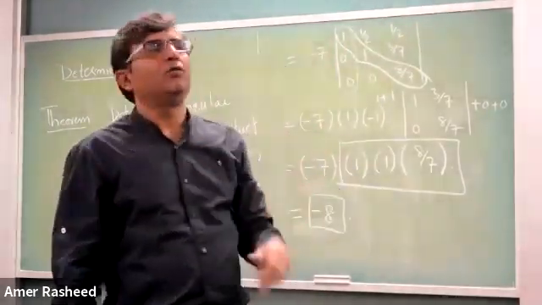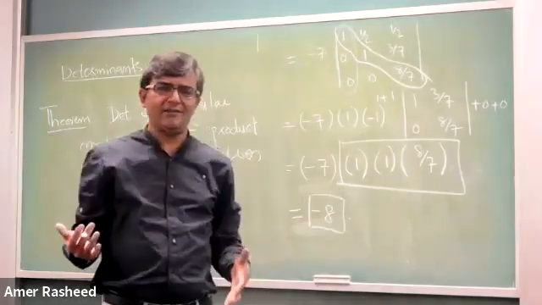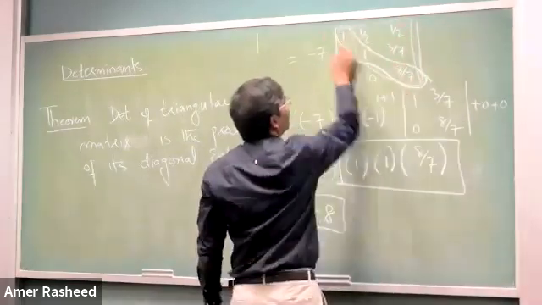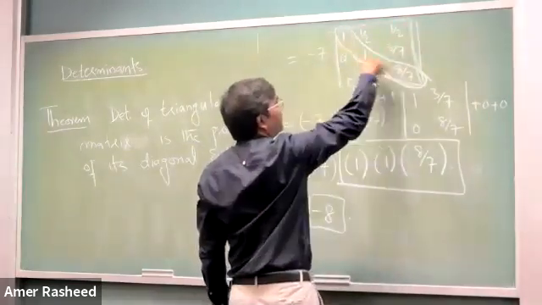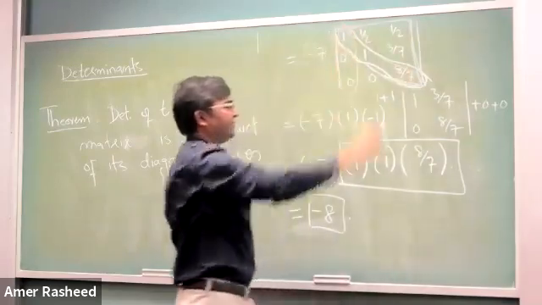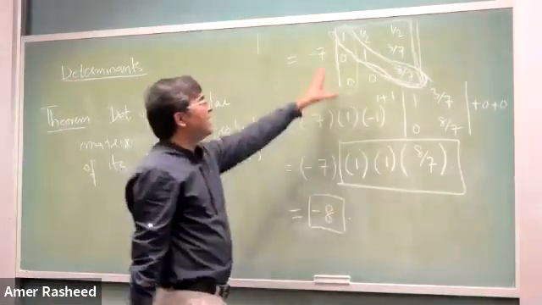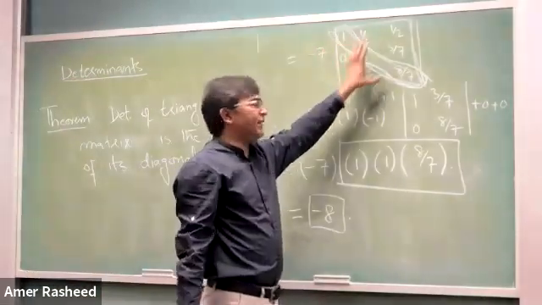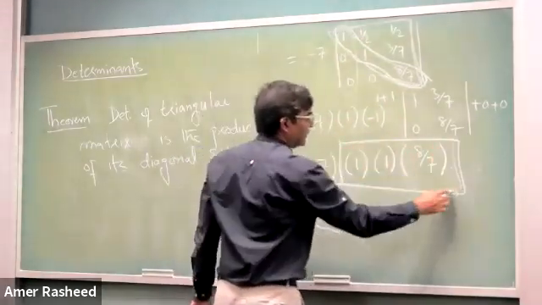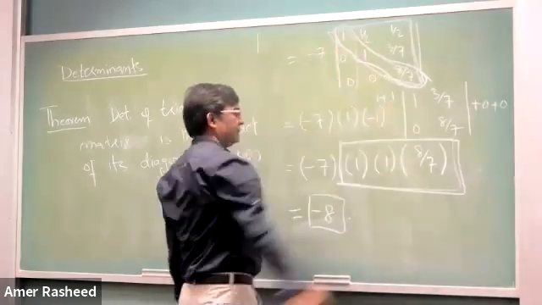Echelon form means we convert the matrix into an upper triangular matrix. Once the matrix is in upper triangular form, the determinant of this matrix is the product of its diagonal entries. We have also verified this by expanding the matrix using cofactor expansion. What did we get here? The product of its diagonal entries. I hope you get it.